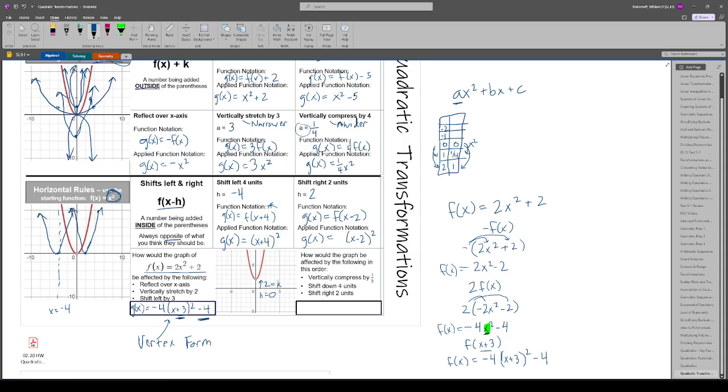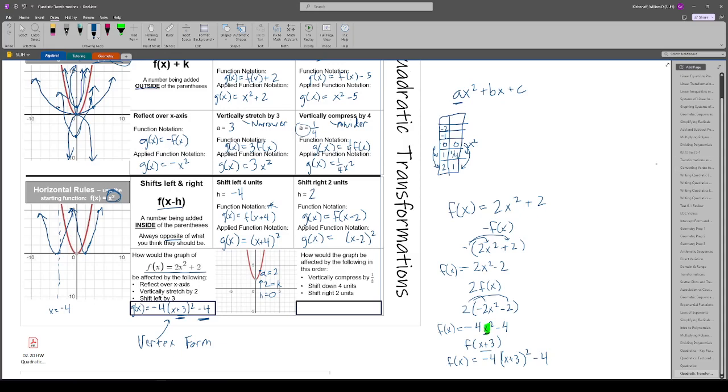And then looking at how fast the graph is growing, right here, we've gone up 2 and right 1. We know that on our parent function, when we go right 1, we go up 1. So we went up twice as far. So that tells us A is equal to 2 in this case. Okay, so we can use that to write the original function.